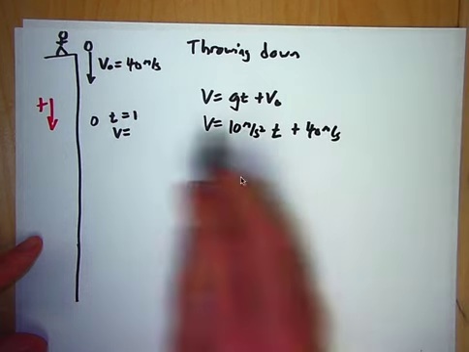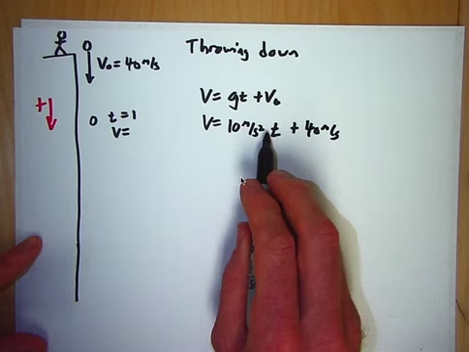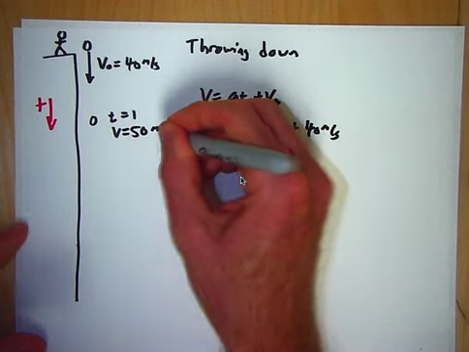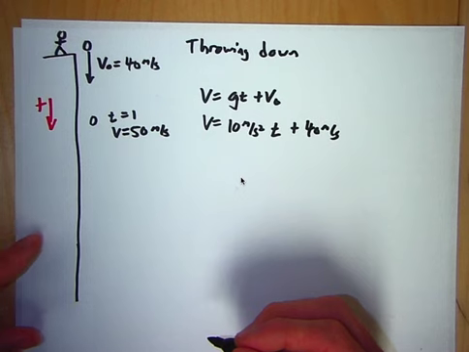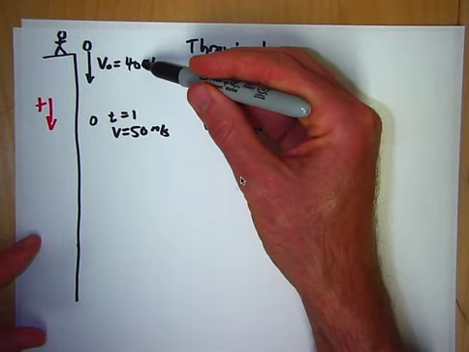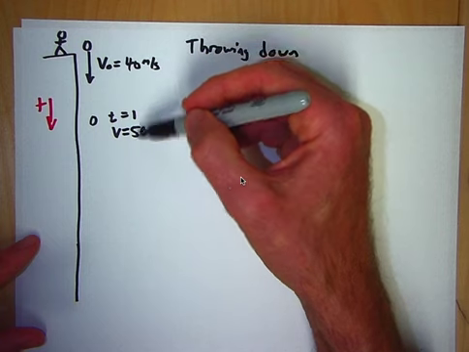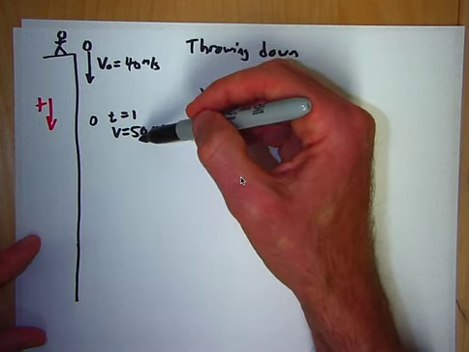If I plug 1 into there, 1 times 10 is 10 plus 40, that gets me 50 meters per second. Which should also make sense, because if you start at 40, gravity is going to add 10 meters per second every second on the way down. So you start at 40, then you get to 50.